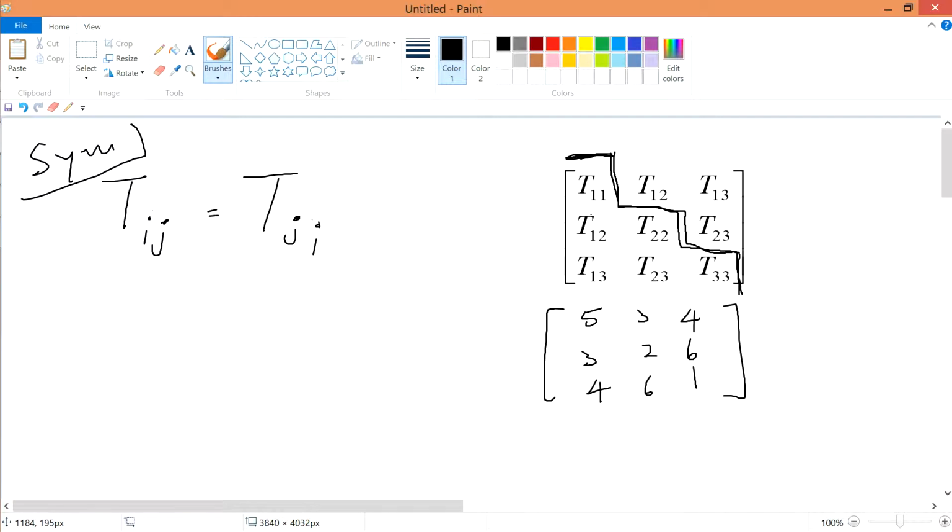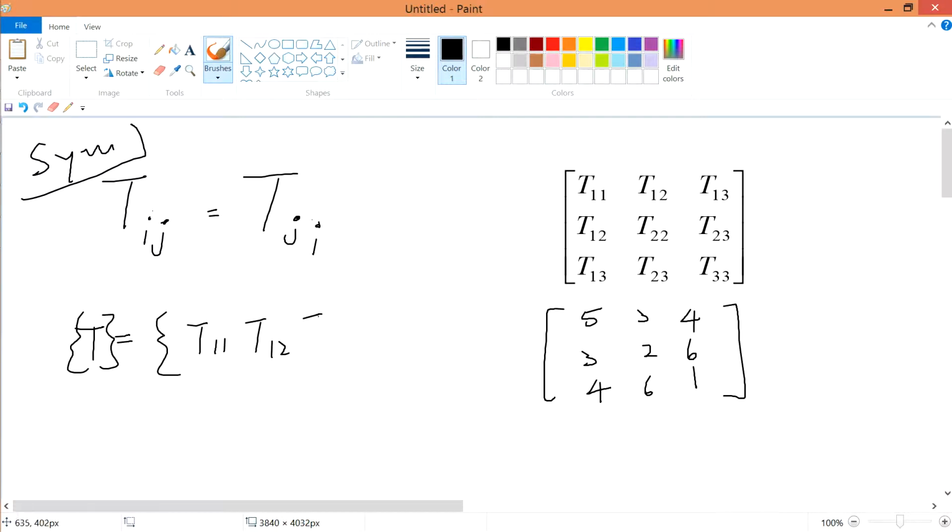The skyline itself contains these values, T11, T22, T33, and then all this value. So instead of this chunk of matrix, which I don't want, I can simply rewrite this as T equals, I'll call it a vector, so I can just write T1 to T13.